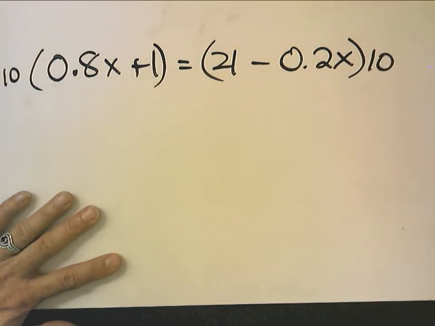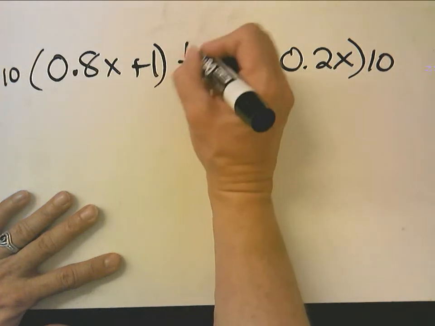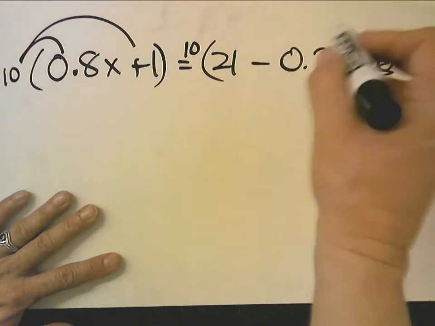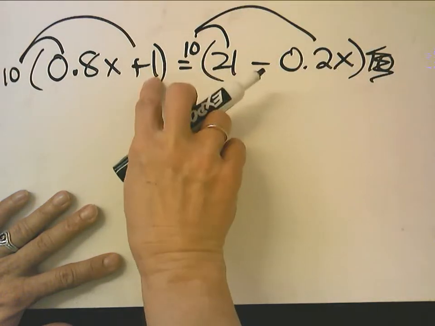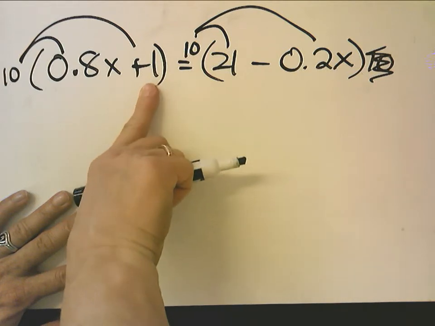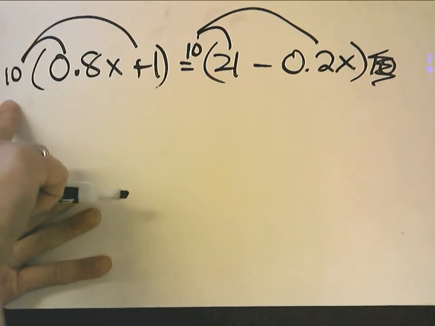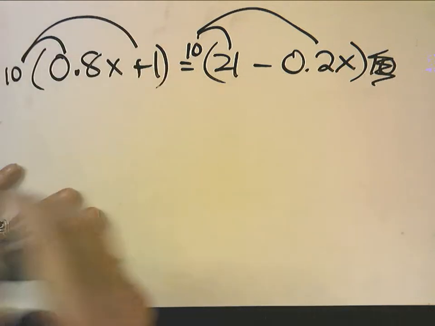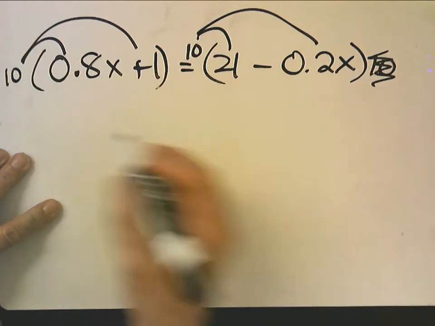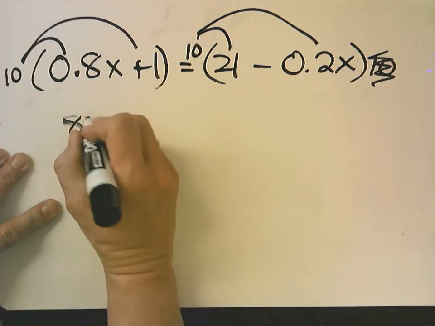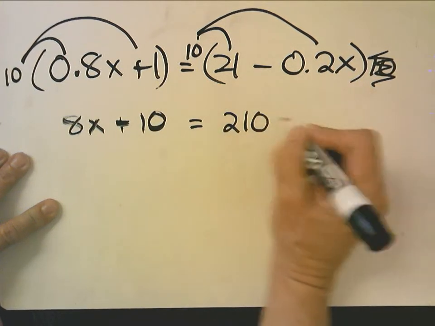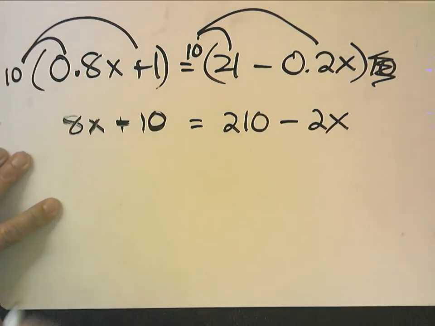But I'm going to be careful, because the most common mistake made is not multiplying the numbers without a decimal. Don't think just because one doesn't have a decimal, you don't have to multiply it by 10. Because the golden rule of equations says you have to multiply every term on one side and every term on the other side. So this becomes 8x plus 10 equals 210 minus 2x.